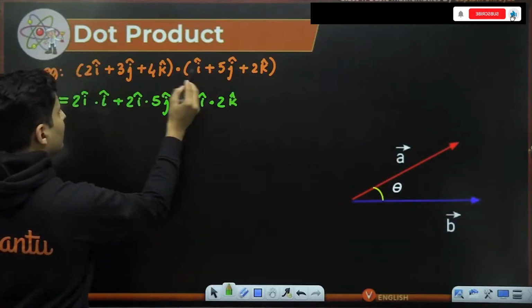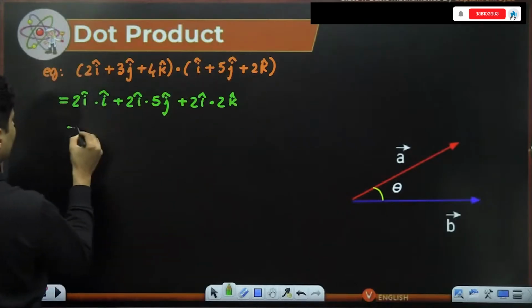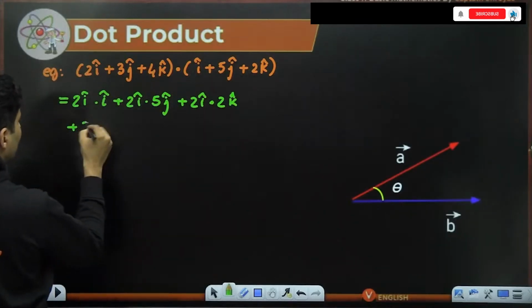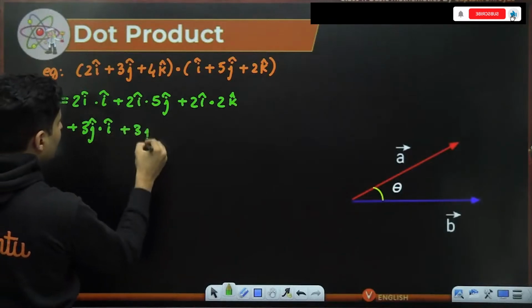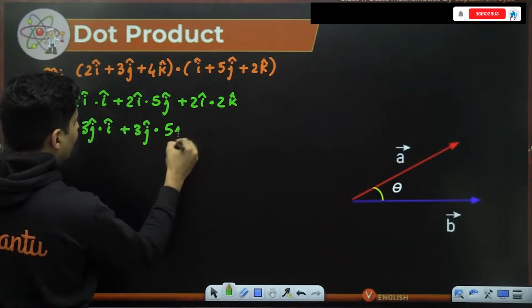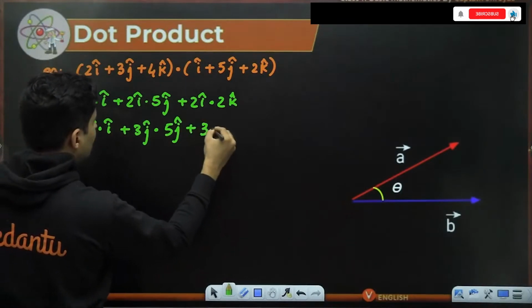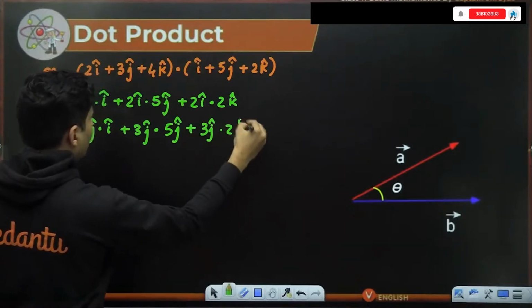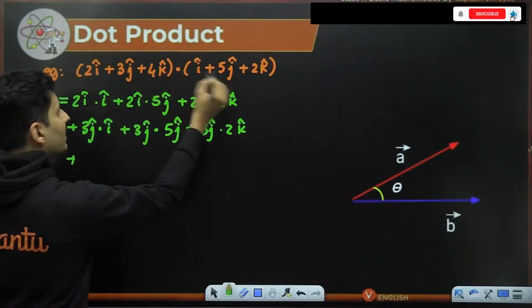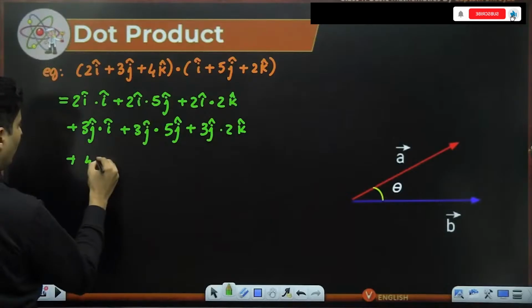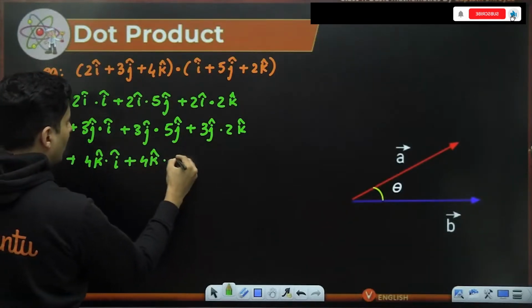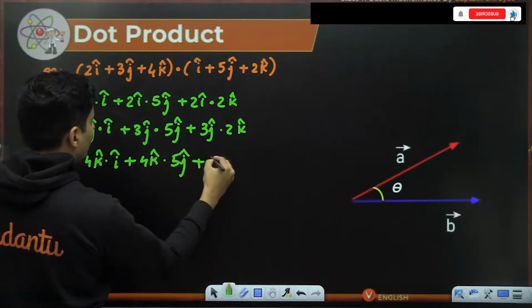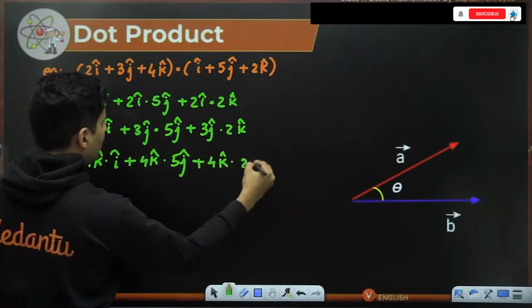So this with this, and this with this. Then 3J with all of them. So 3J cap dot I cap plus 3J cap dot 5J cap plus 3J cap dot 2K cap. Then last one, this with this with this. So 4K cap dot I cap plus 4K cap dot 5J cap plus 4K cap dot 2K cap.